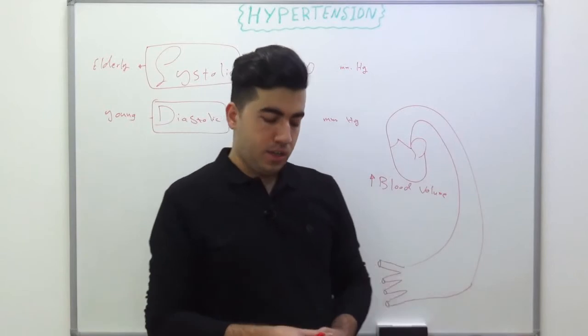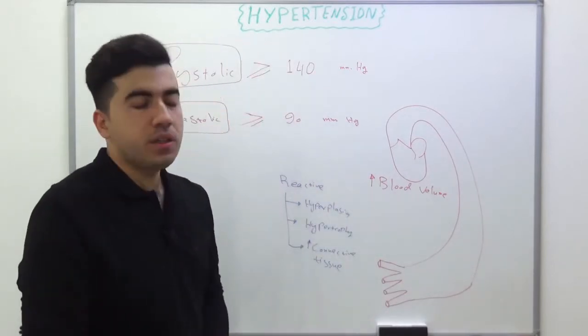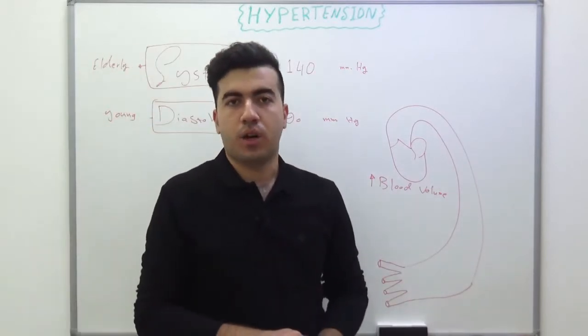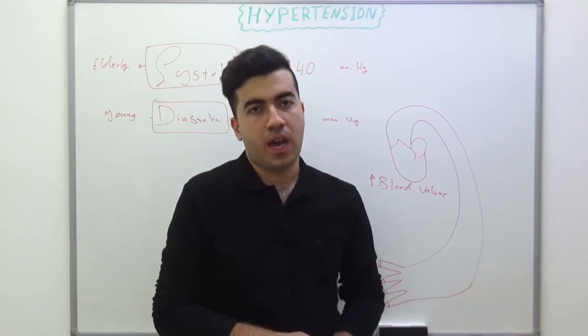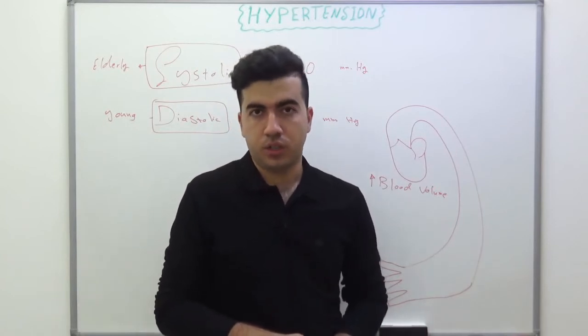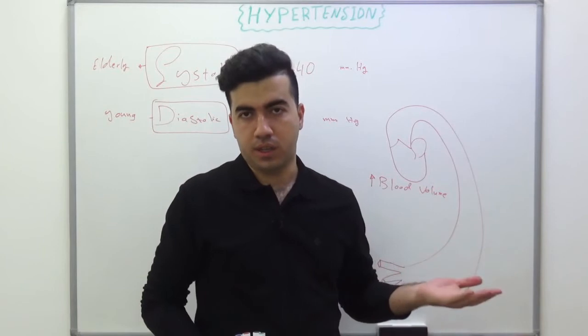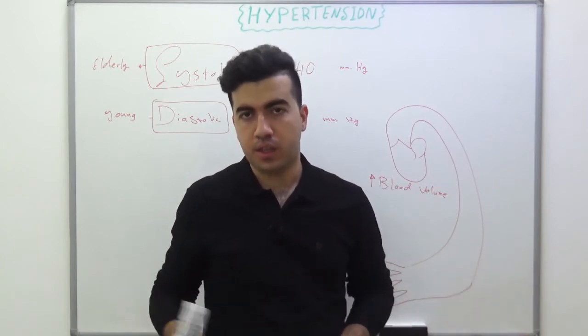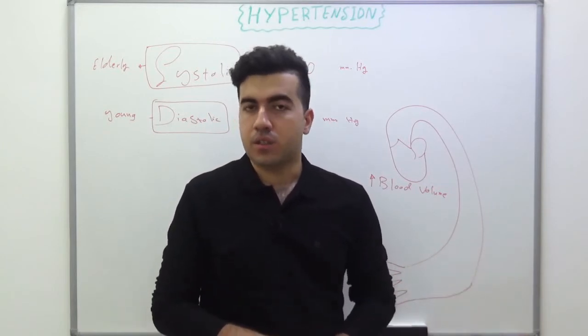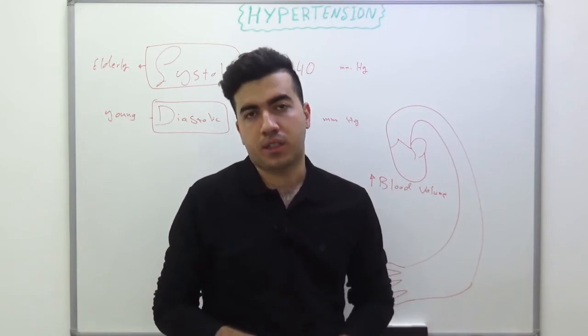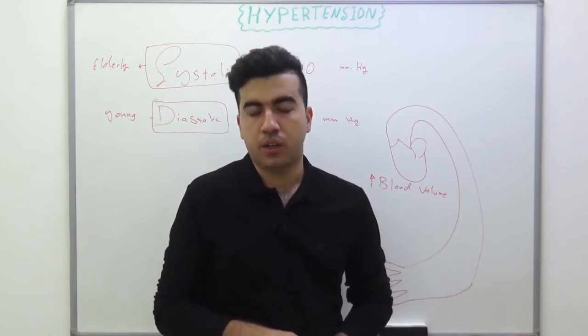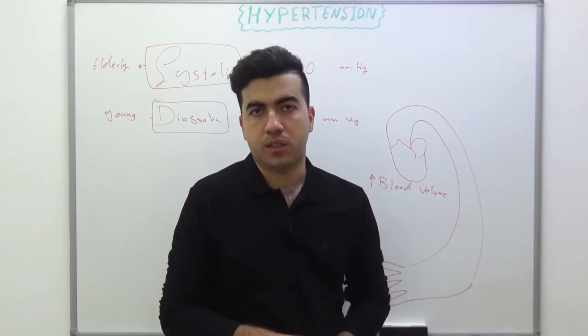So the ambulatory devices can be used to identify patients with white coat hypertension. White coat hypertension, when the blood pressure is normal outside the clinical setting but elevated in the clinic, is not associated with cardiovascular risk factors, and in this patient drug therapy is not needed.